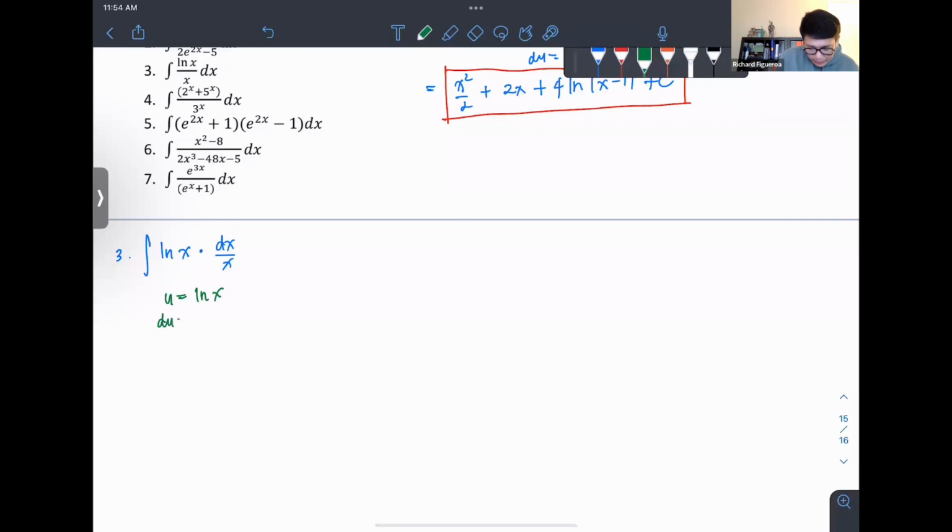Then its derivative is dx over x. Okay, I was able to get it right away, so I don't need to rewrite it. So ln x is u, and dx over x is du. So therefore, I can use the power rule. That would just be ln x raised to 2 all over 2 plus c.